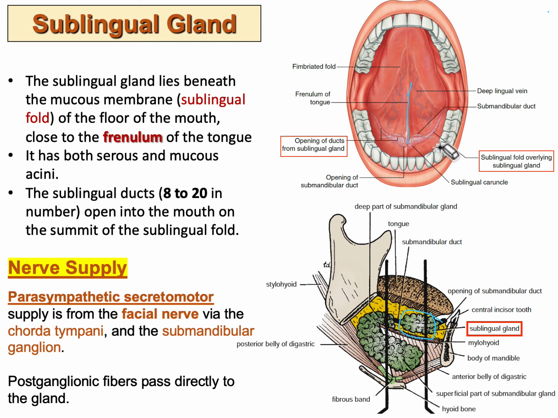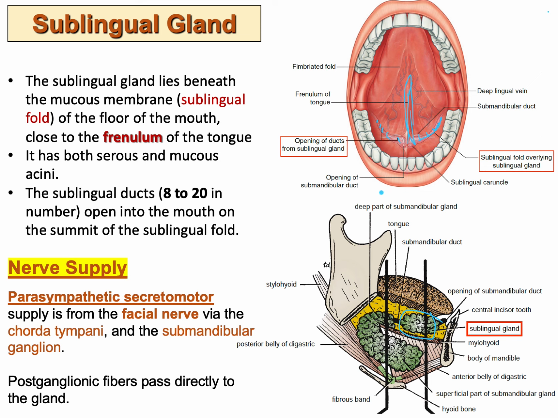Under the sublingual fold, if I erase this, you will see the sublingual ducts of the sublingual gland, which has many openings, between 8 and 20 openings. As I mentioned, they lie beneath the mucous membrane, the sublingual fold of the floor of the mouth, close to the frenulum.